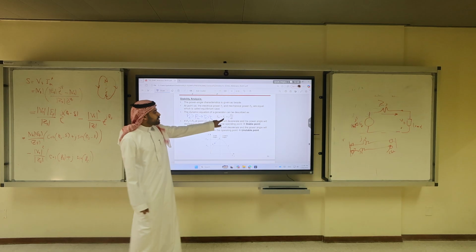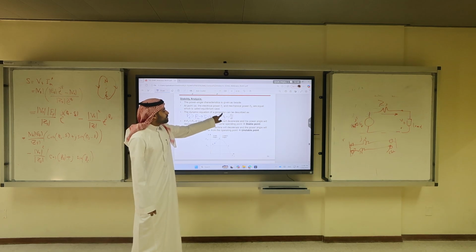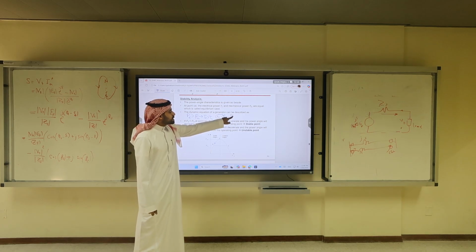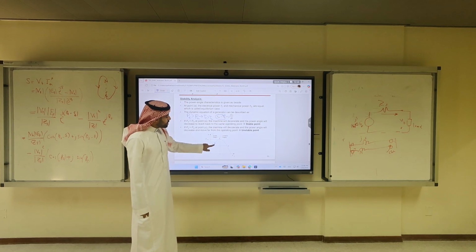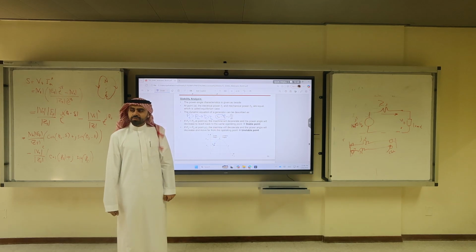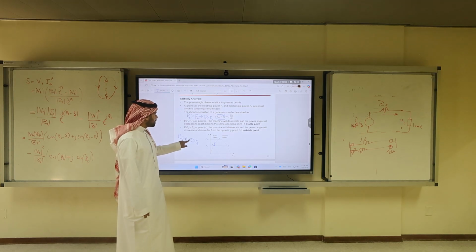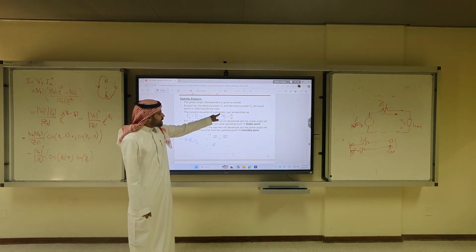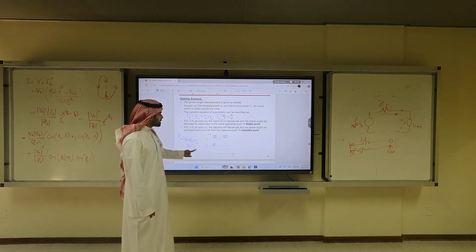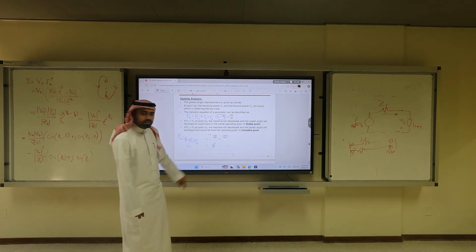It means this number is what? Negative. It means my acceleration is negative, so I need to go back to this point. If my mechanical power is larger than electrical, so my mechanical torque is larger than electrical, this is positive. It means acceleration is positive, and I have to go back here.